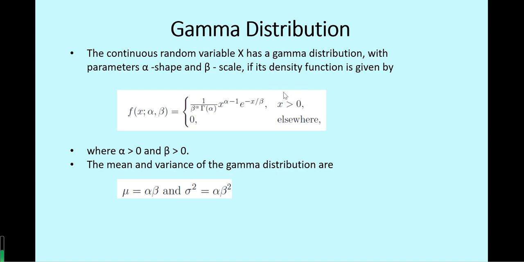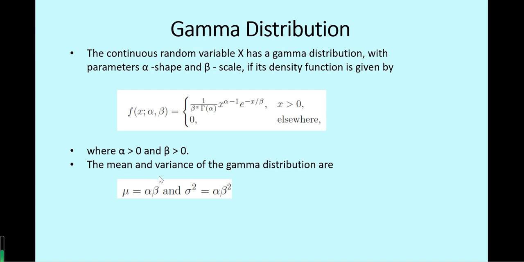The gamma random variable is a positive number because we model the time until next alpha times occurrence of Poisson events. So this time has to be a positive number, and both alpha and beta are positive numbers also.